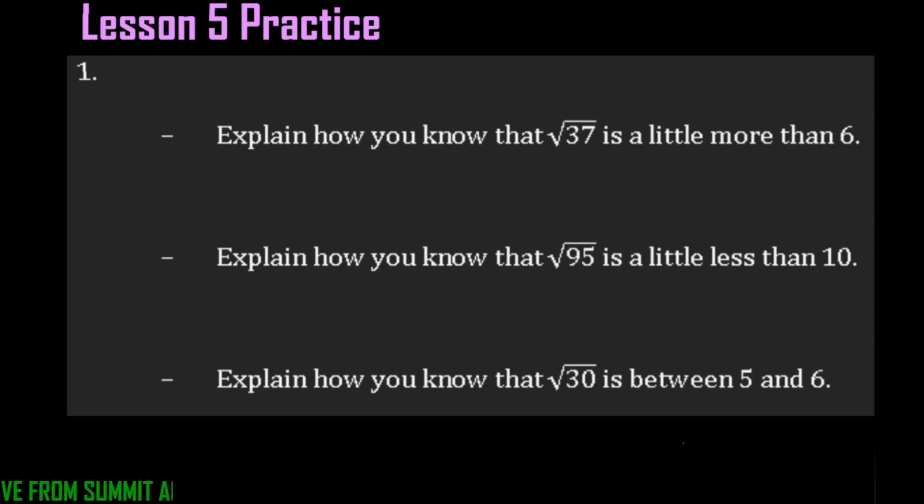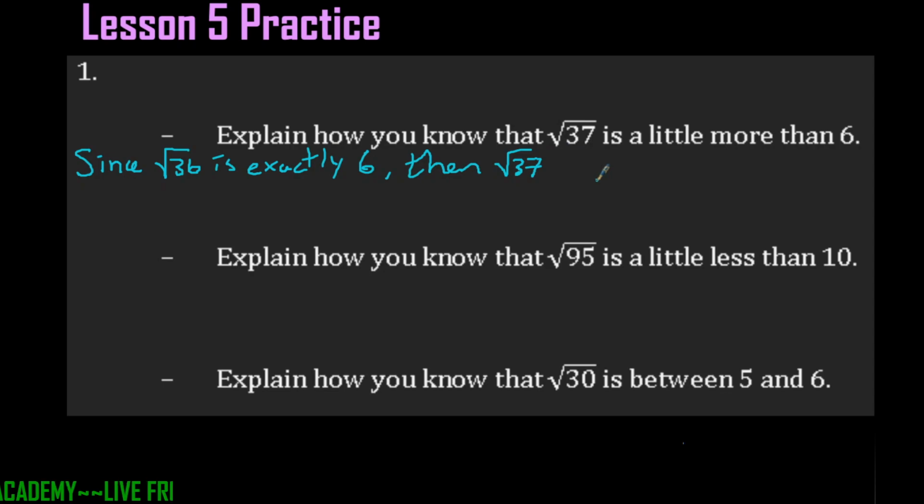I can say, since the square root of 36 is exactly 6, that means the square root of 37, since 37 is a little more than 36, is a little more than 6.